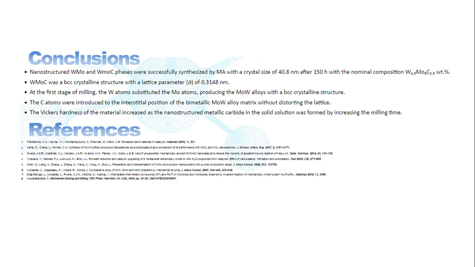At the first stage of milling, the tungsten atoms substituted the molybdenum atoms, producing the molybdenum tungsten alloys with a BCC crystalline structure. The graphite atoms were introduced to the interstitial position of the bimetallic molybdenum tungsten alloy matrix without distorting the lattice.